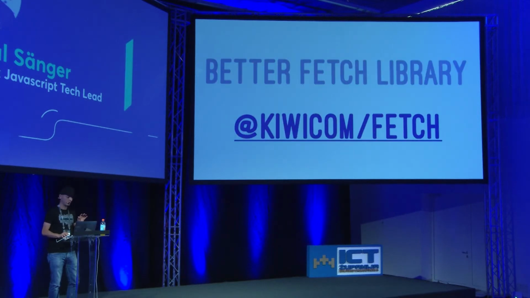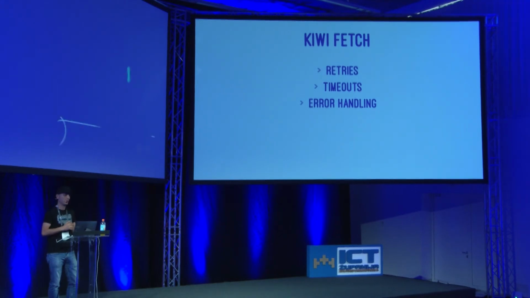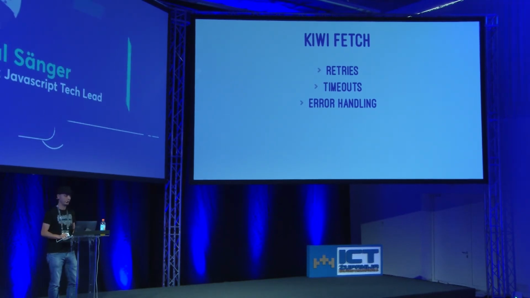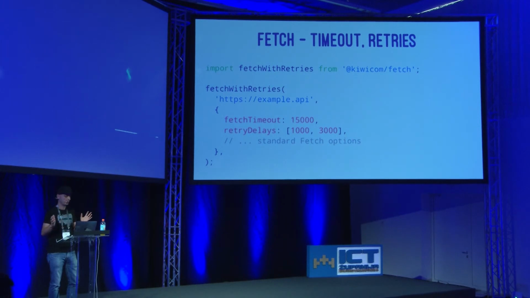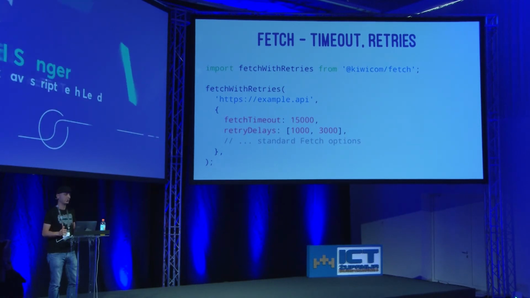When you check this example project, you will probably notice there is also a handy fetch library being used, because we were missing some handy features in standard fetch libraries, so we implemented them, and the usage is pretty simple. Here, you probably immediately understand that we can call this example API, and we don't want to wait more than 15 seconds.